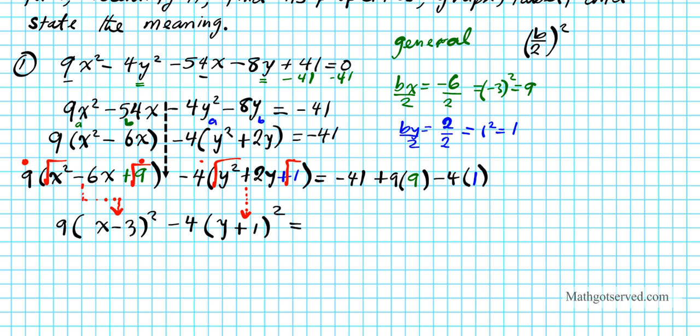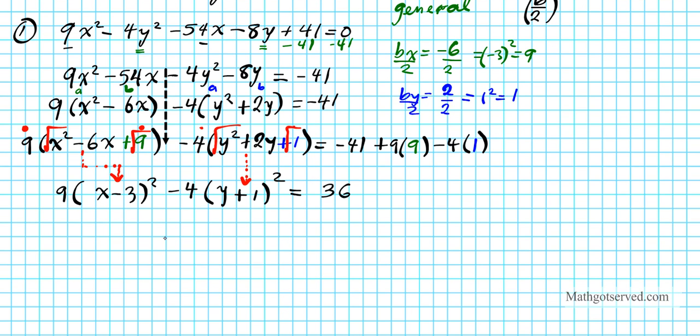On the right side, if we work this out, minus 41 plus 81 minus 4 is going to yield 36. Now the standard form for the equation of a hyperbola requires that this quantity be equal to 1. So what we're going to do now is divide the entire equation by 36.